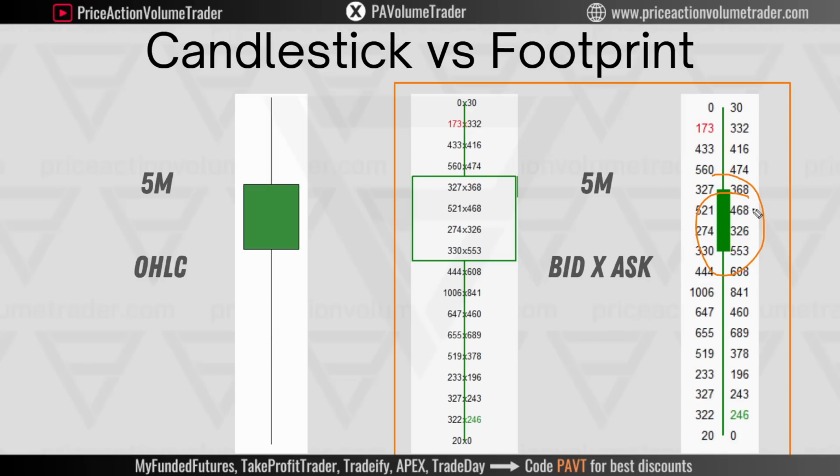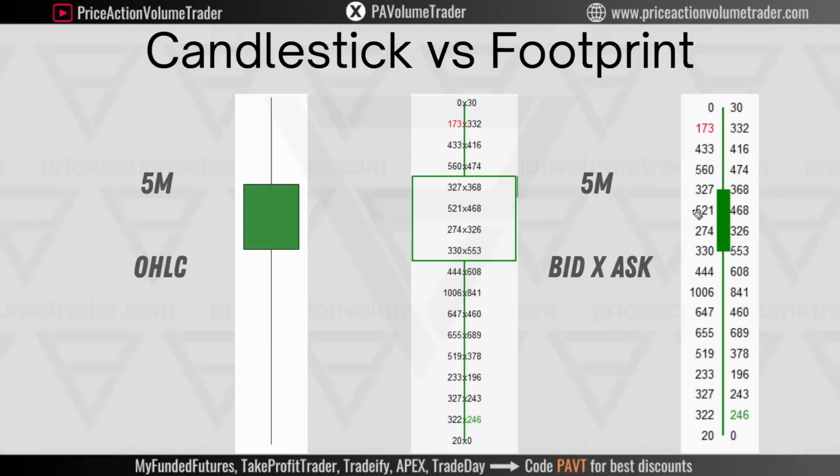Generally, I like this one better. I like to have the candle shape between the columns of the bid and the ask in this case, but other platforms might show it like this.